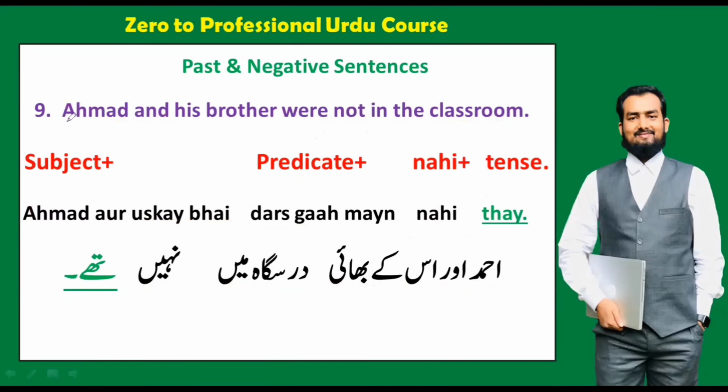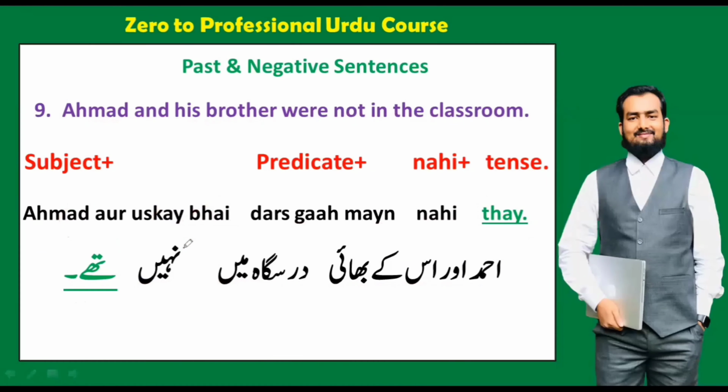Okay, so Ahmad and his brother were not in the classroom. We will say अहमद और उसके भाई दर्सगाह में नहीं थे. So here we have used थे because they are male and plural. Okay, because they are two and both of them are male.